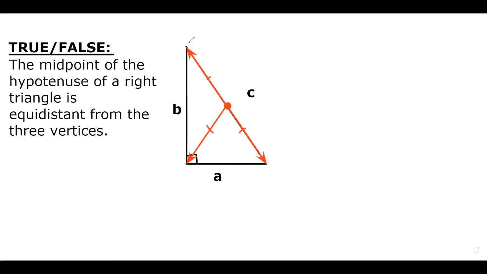So it might get a little complicated if we try and do this using a sine law or a cosine law, because we don't really have any angles. But what we might be able to do is apply our knowledge of analytic geometry and almost picture this on a plane, right? We're talking about distances between vertices, between points in space.